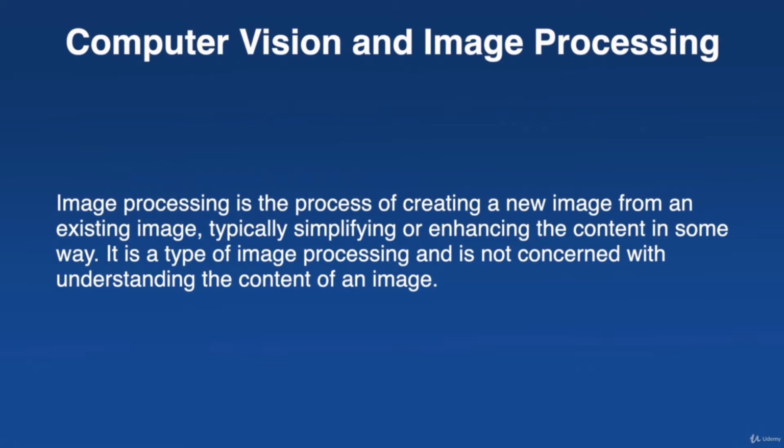A computer vision system may require image processing to prepare the image for some further manipulations, and this is called pre-processing. But if you are not trying to get some data by understanding of an image, it's not called computer vision. So some image processing examples are changing brightness and color of an image, cropping the bounds, or applying some filters.